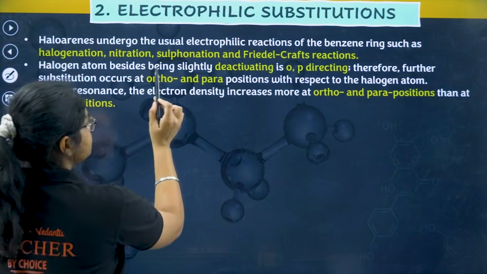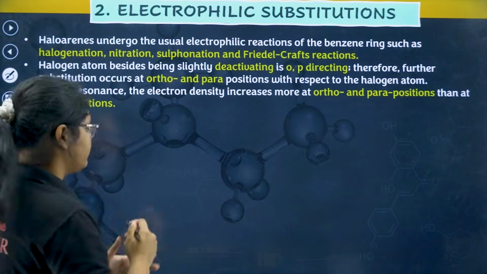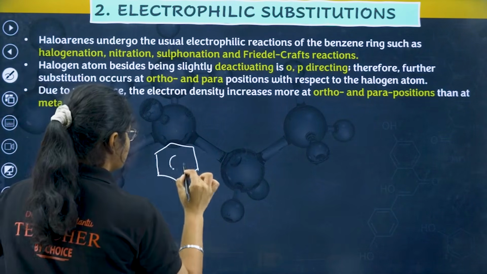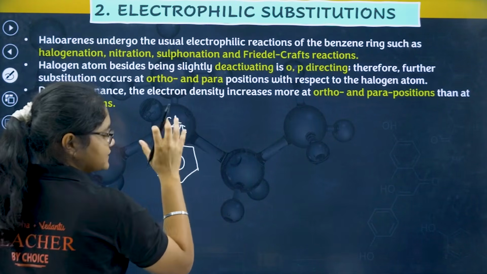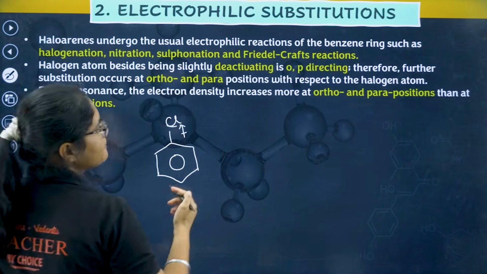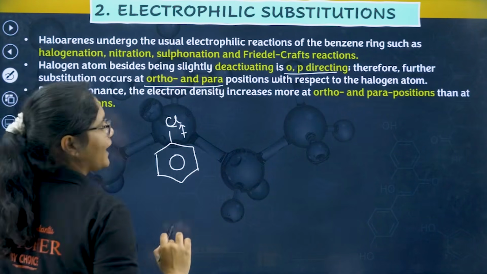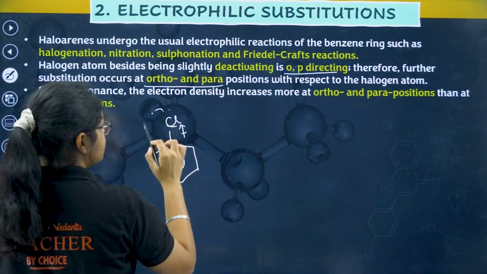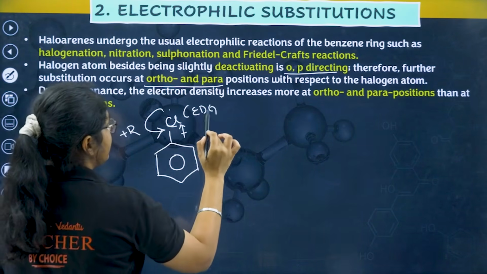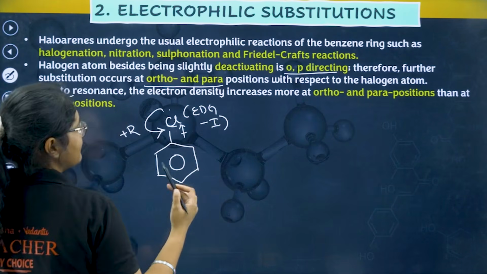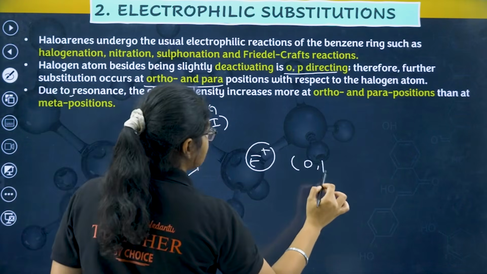Now halogen atoms, besides being slightly deactivating, are ortho para directing, therefore further substitution occurs at ortho and para positions. What is this? Cl, right? It is electronegative, it will pull the electrons towards itself, so it is making the ring slightly deactivating. But it also donates electrons, it has a plus R effect, and it has a minus I effect.